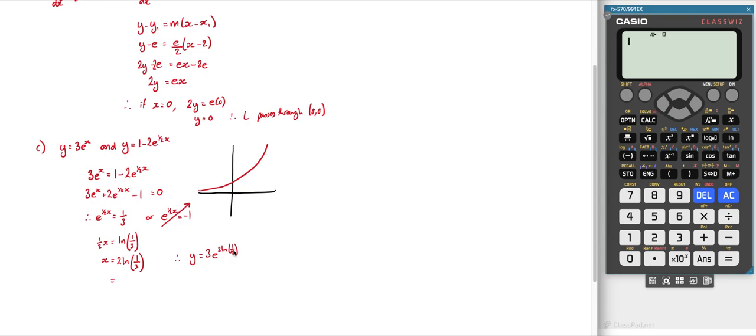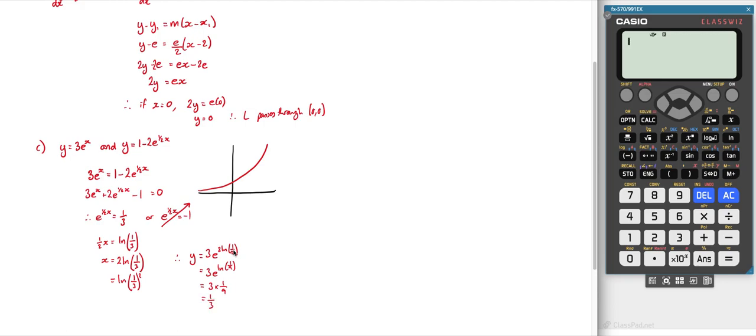So this was ln of a third squared, bringing that power in. So that means that is going to be 3e to the ln of a ninth. E and ln are inverses of each other. So I'm going to have 3 times a ninth, which I believe is a third.